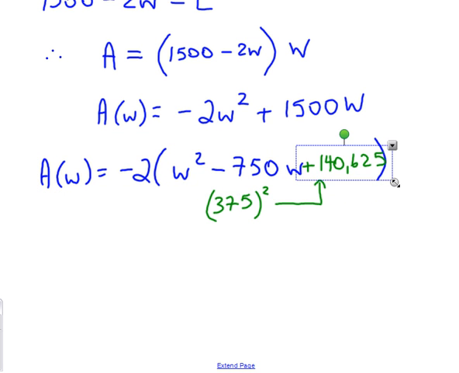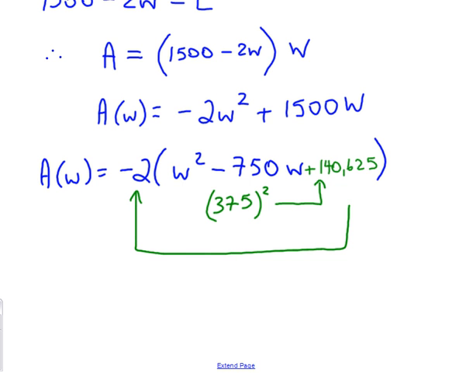I've created a number: 140,625 times negative 2. That's how much I've changed the equation by. So I've changed this equation by 281,250. That's how much less it is now. So I must compensate for that and add that number back, plus 281,250.